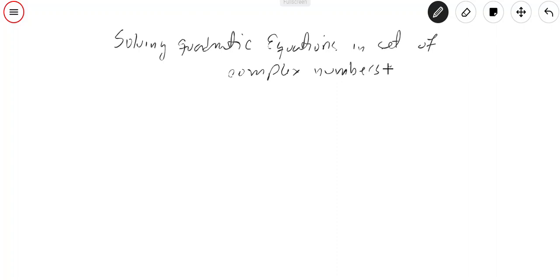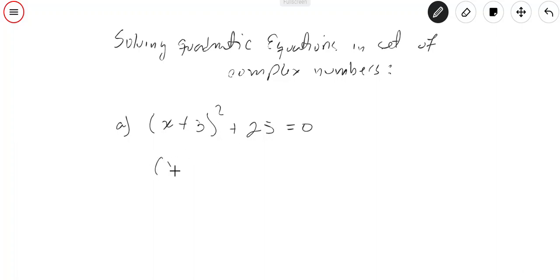When we're solving quadratic equations in the set of complex numbers, it's exactly the same thing. So suppose that I have (x + 3) squared plus 25 equals 0. This is a quadratic equation that I can solve easily by taking the square root.